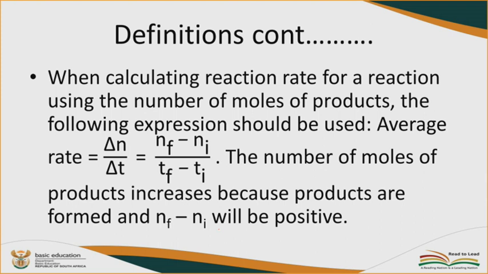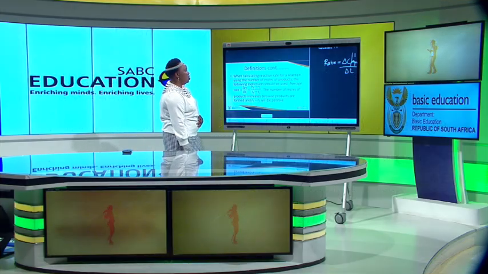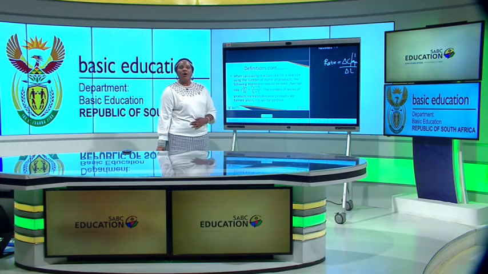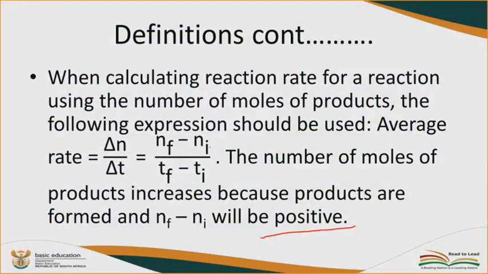With the product, it's easy because during the course of the reaction, the concentration of the final will be greater than the concentration of the initial, and subtracting the two, you're going to get a positive value, and that is what we are looking for. Your rate of reaction must always be a positive number.